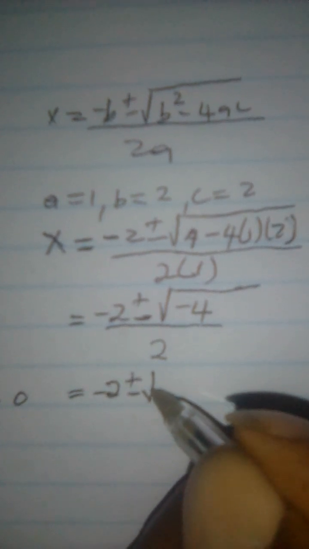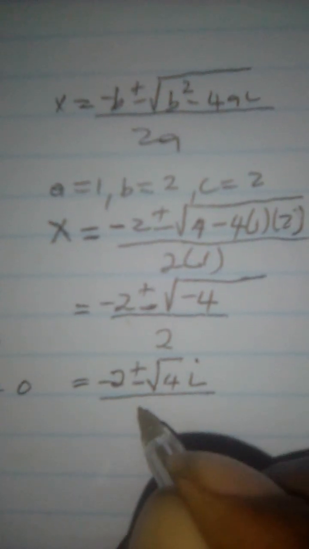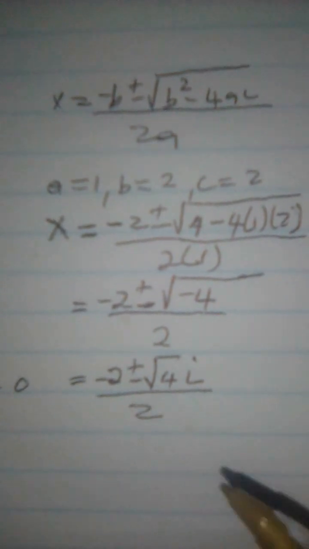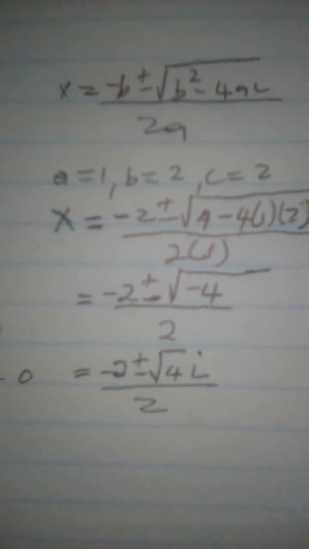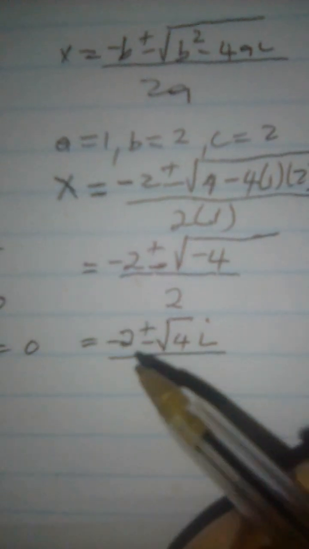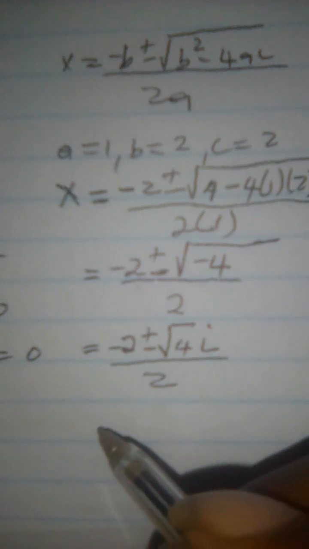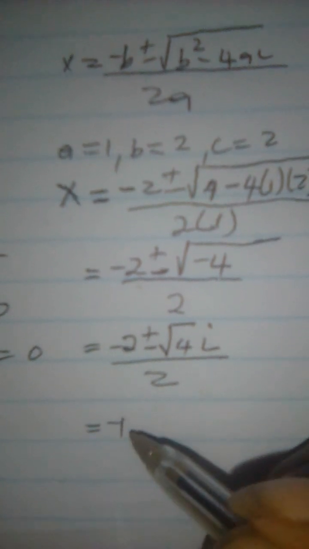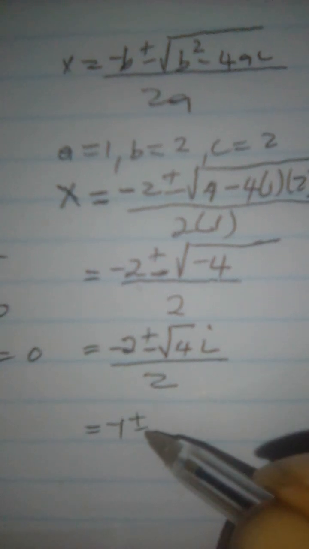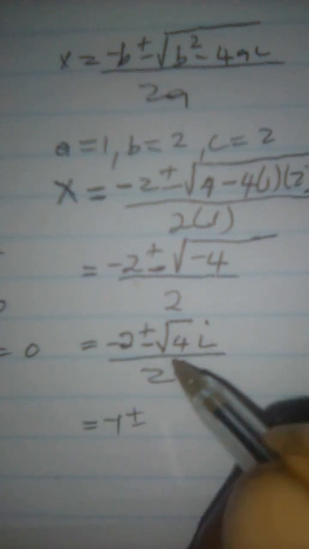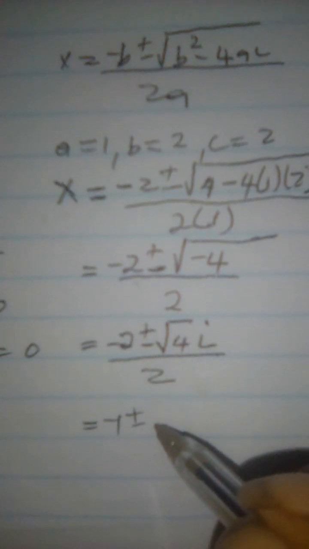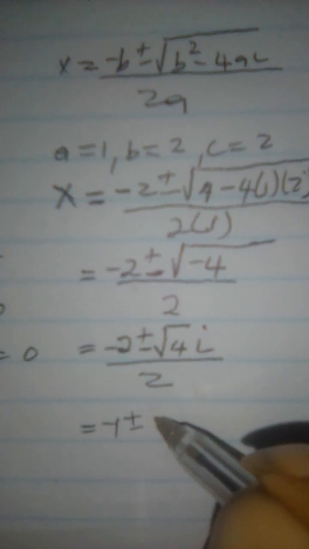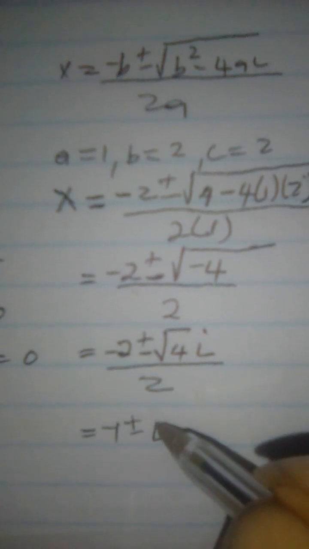So it's going to be the root of 4i all over 2. Dividing this, we get negative 1 plus or minus the root of 4, which is 2, divided by 2 is 1, which becomes i.